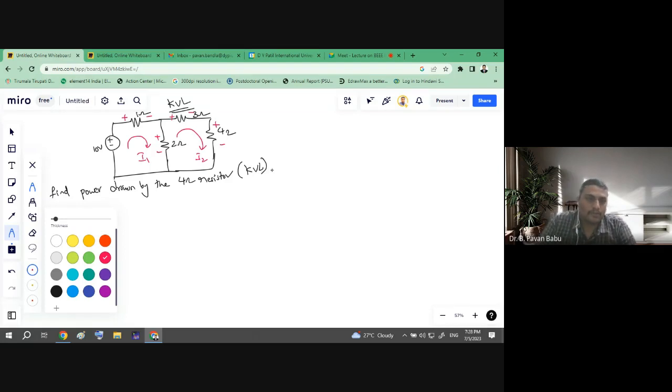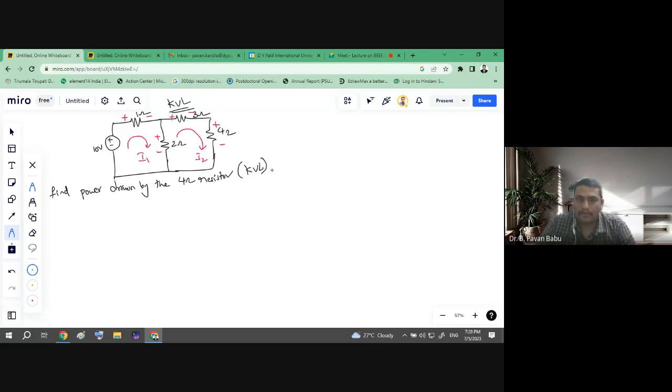Now another important factor we need to remember is, suppose an element is connected between these two loops. So this 2 ohm resistor is connected to loop 1 where the current I1 is flowing, and it is also connected to loop 2 where the current flowing is I2.